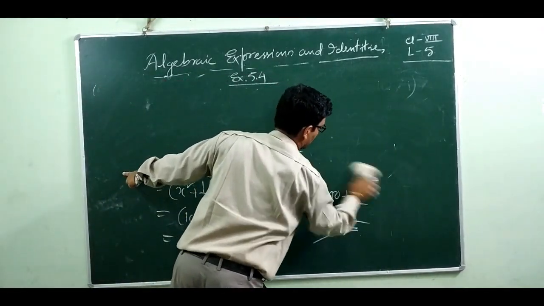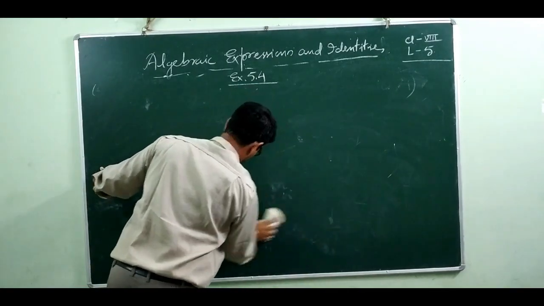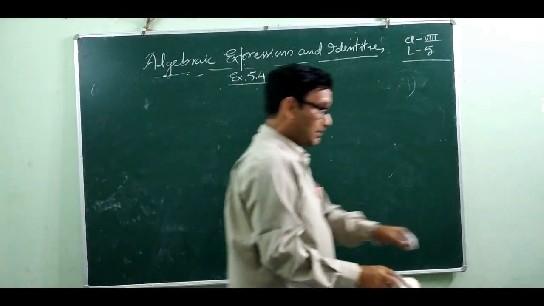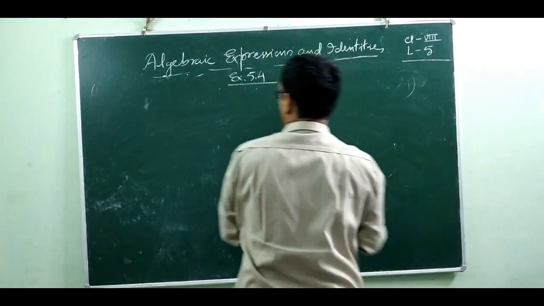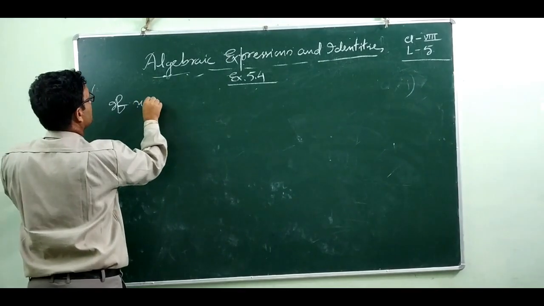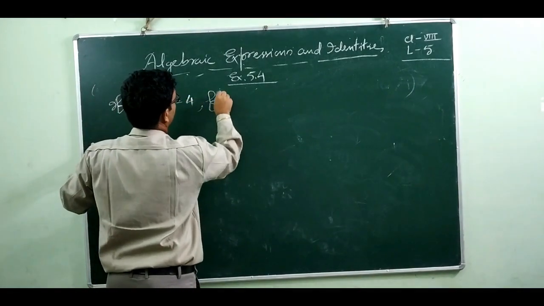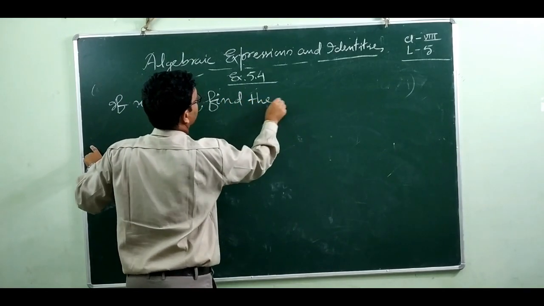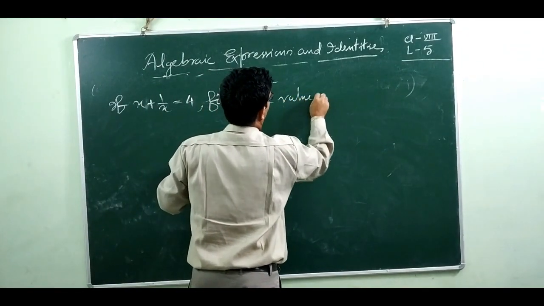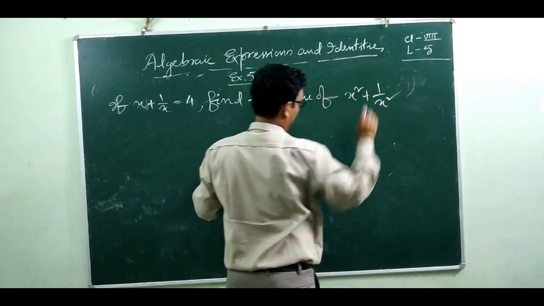For example, if x plus 1 by x equal to 4, find the value of x square plus 1 by x square.